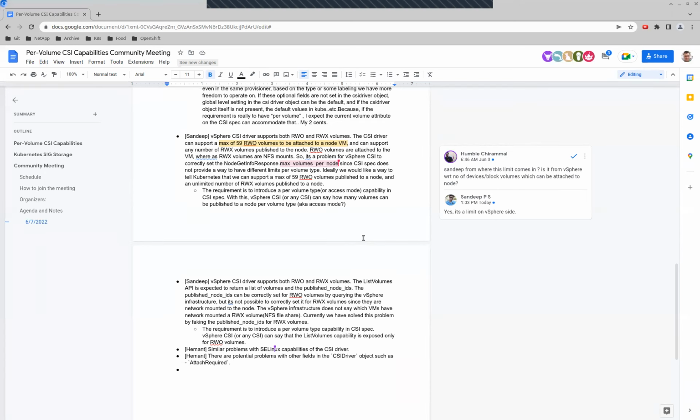So of course, there's always this temptation to just do the easy thing, add a field to the CSI driver object, and then implement your feature purely in Kubernetes. And I don't want to take that away, because that's a nice hack to be able to leverage. But in this case, the hack got us into trouble because it was a bad hack. The heuristic is not right often enough.